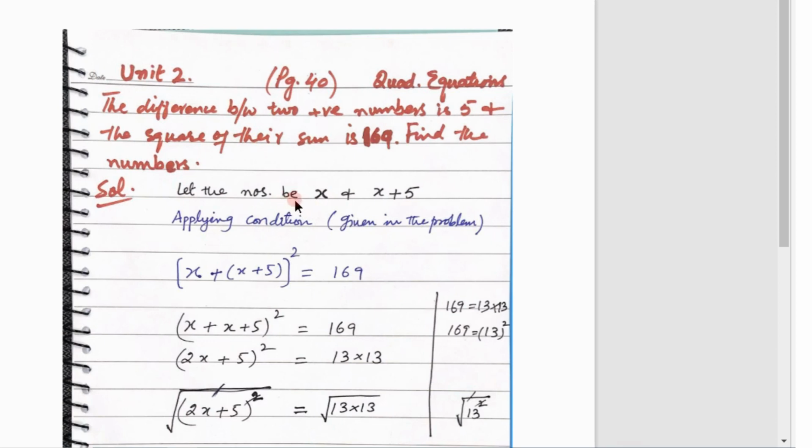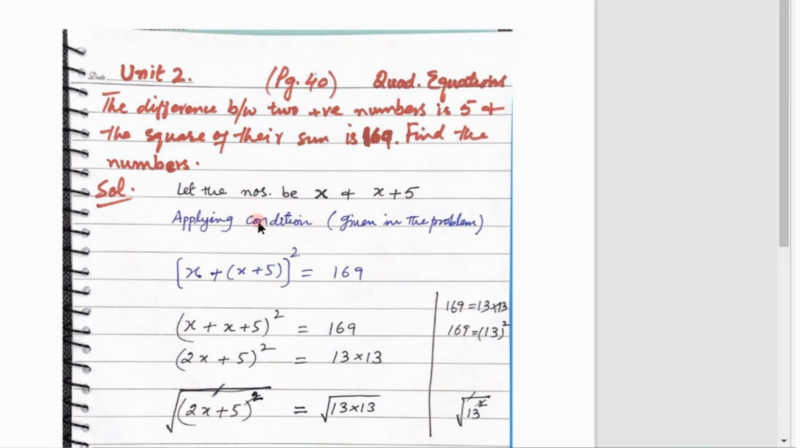We always say 'be', not 'is'. Let the numbers 'are', we don't say it. Let the numbers be x and x plus 5, because we are not sure about it. So we are just supposing it.